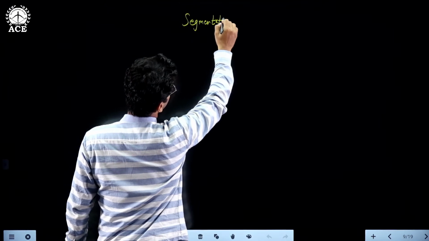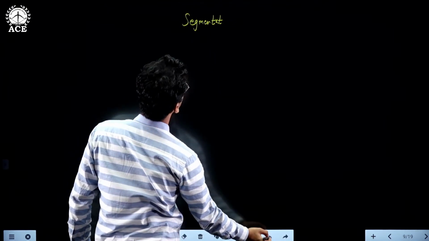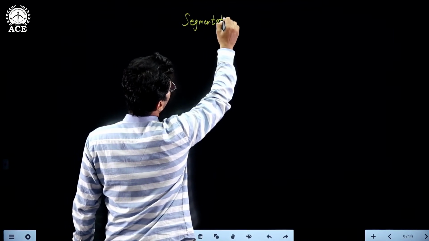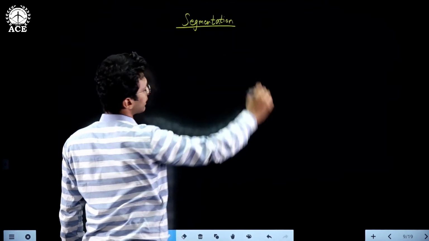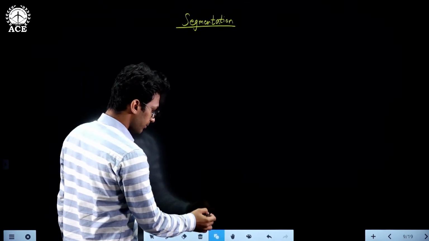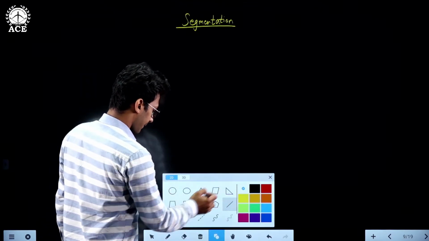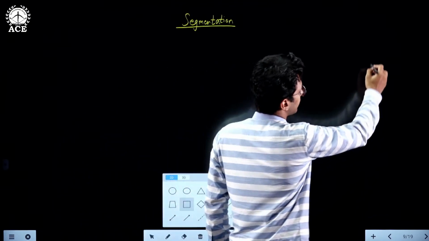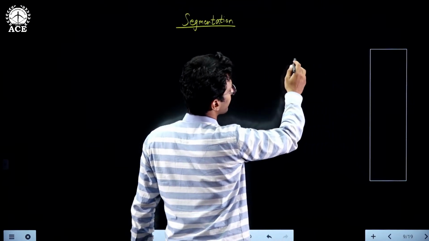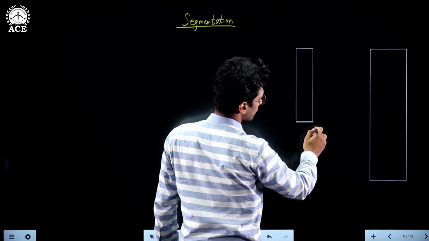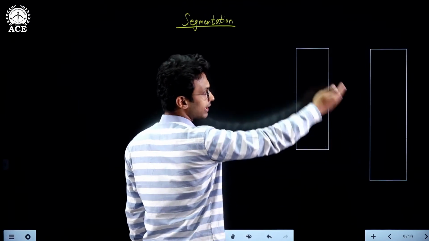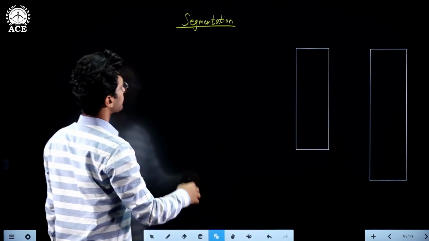Segmentation. See, in the case of segmentation, what is happening? In logical address space, there will be segments. In physical address space, those segments will be brought from logical address space to physical address space.